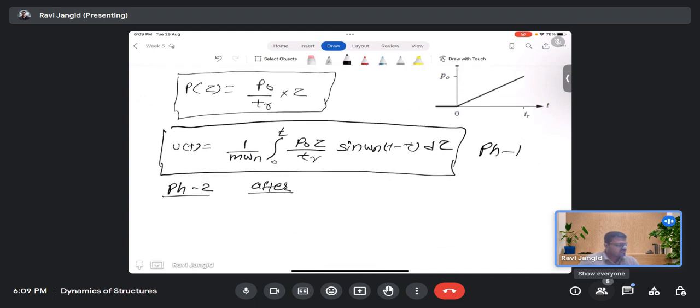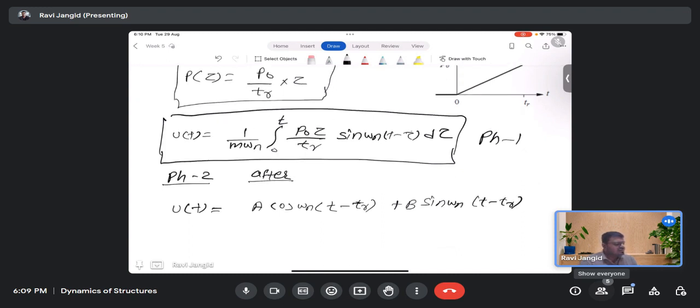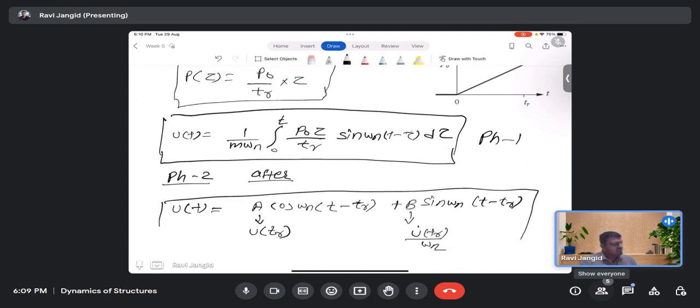So your equation would be u(t) equals a cos omega n (t minus tr) plus b sine omega n (t minus tr), and these coefficients: a would be u(tr), and b would be u dot (tr) divided by omega n. Simple, you can calculate it. From this you can directly calculate the response.